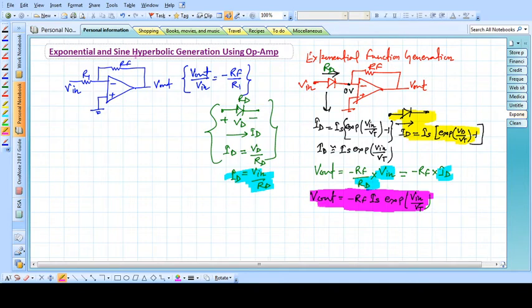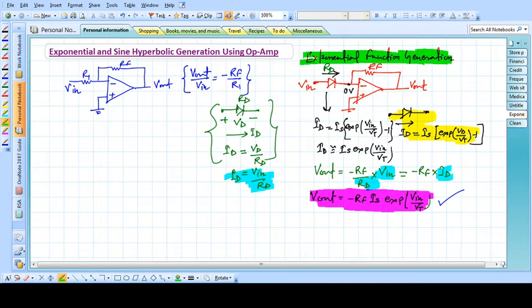So we can say this one is the generation of an exponential function using this diode. Sometimes you can use this diode here also, so a logarithmic or exponential function will come. Is it okay? No doubt. So this should be minus RF IF exp V in by VT. This is all about the exponential function.